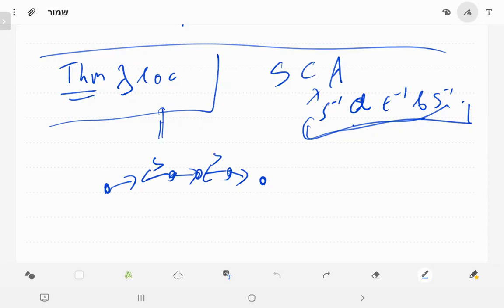You just plug them in. But of course, when you define it like this, you have to be a little bit more careful. You have to quotient by some equivalence relations, because if one of the arrows is identity, you want to ignore it, etc.